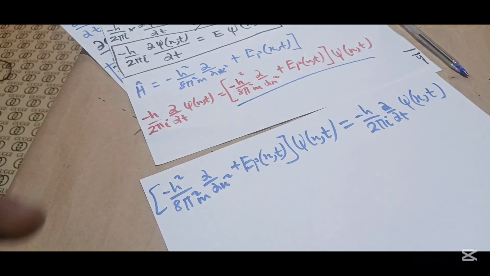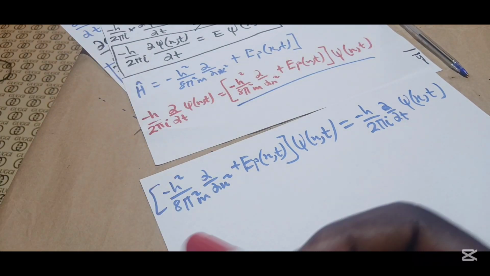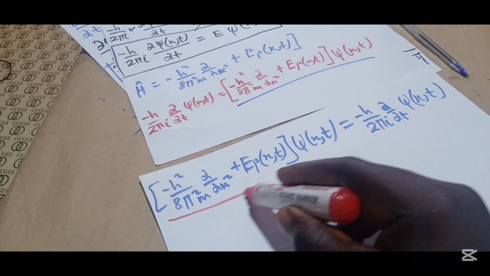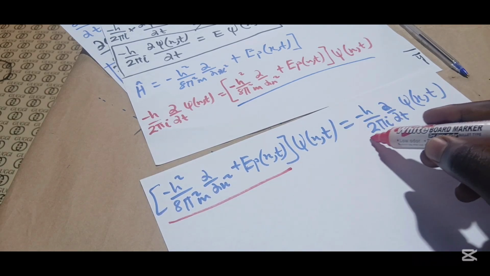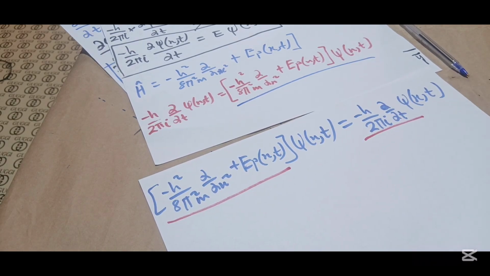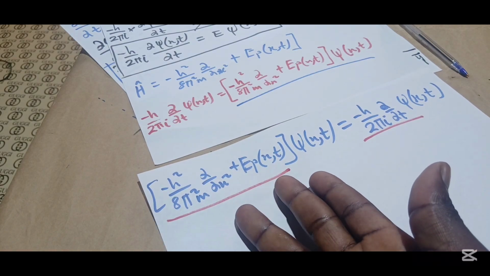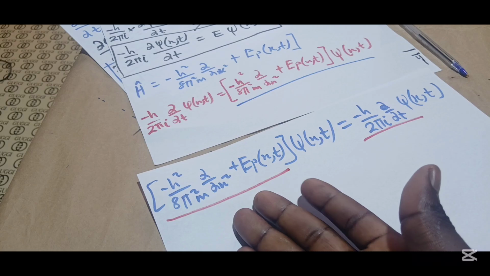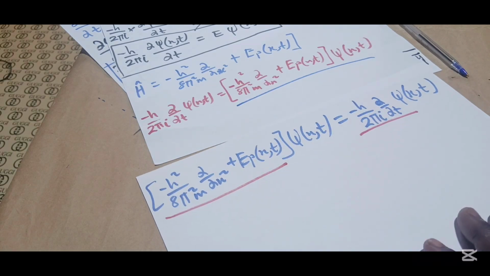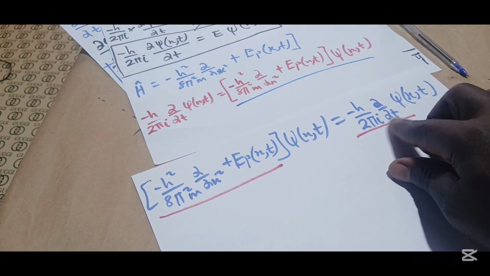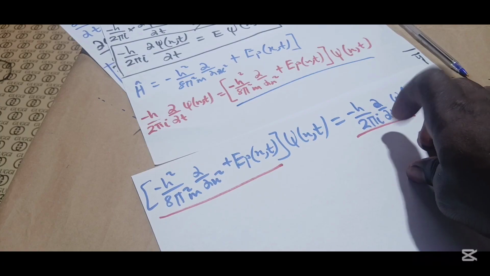So now let me talk about these two energy terms. This one here and that one there. As we said earlier, this is the Hamiltonian operator, which represents the total energy of the system, and this is the time derivative, which is the energy operator.